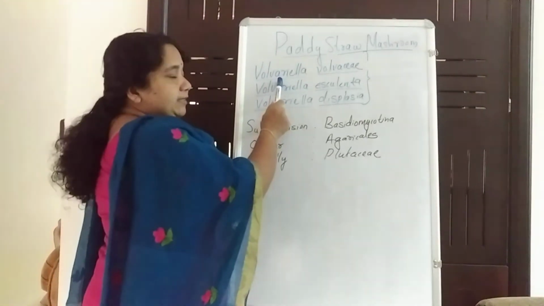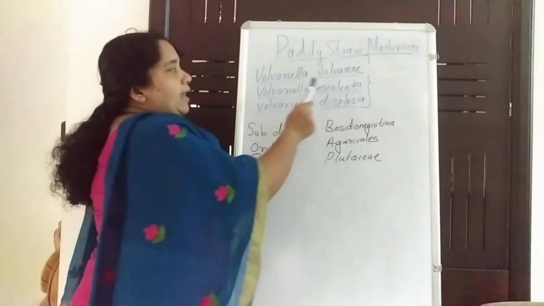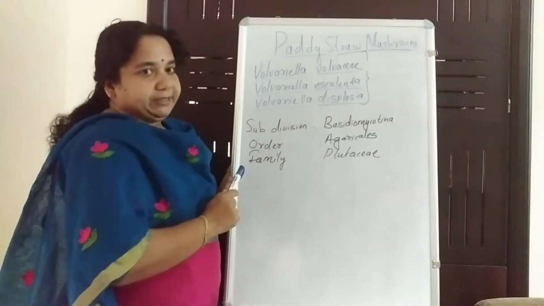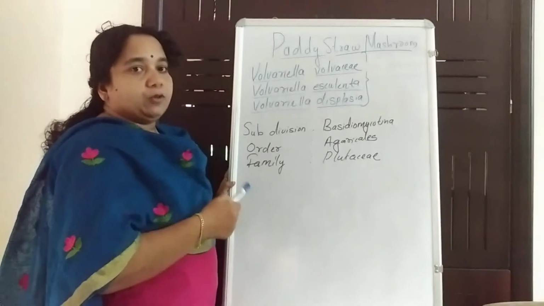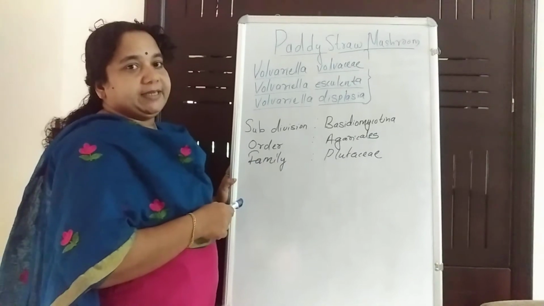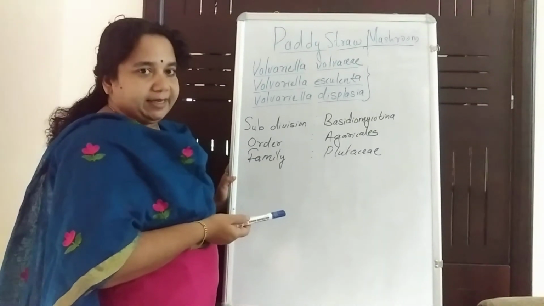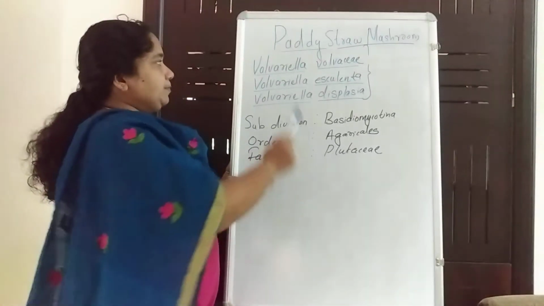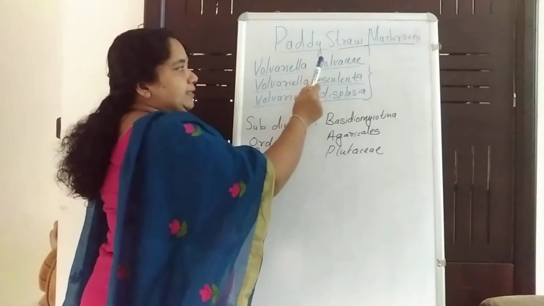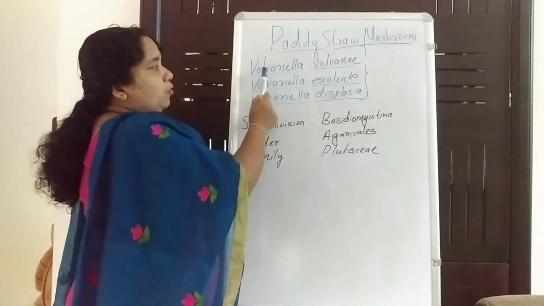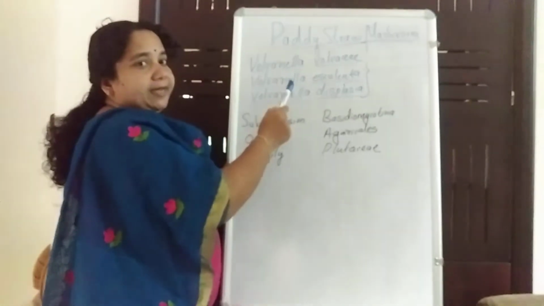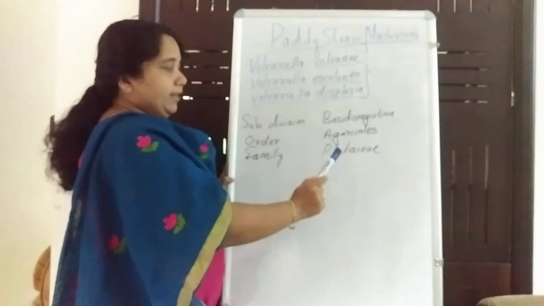The first name is the genus name and the second name is the species name. Like humans, the scientific name is Homo sapiens, where Homo is the genus name and sapiens is the species name. Like that, Volvariella is the genus name and volvacea is the species name. We can also write it as Volvariella species, which means different species of Volvariella.